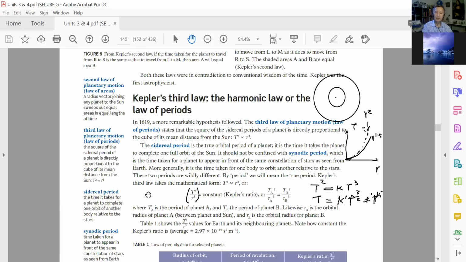Do you remember? Do you want to try how to prove that by Newton's law? Let's go to the whiteboard. You can try. I think we have done that. Basically, you need to draw a diagram. In this case, can we put the sun at the center? Is the sun.